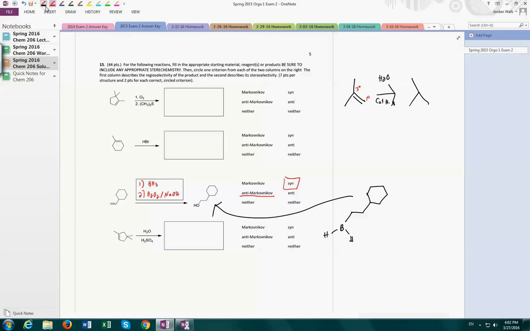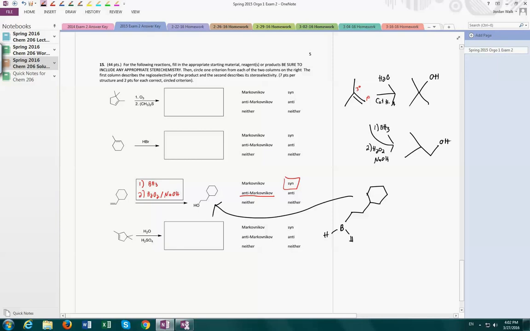So in a Markovnikov addition, we've added our alcohol to that tertiary carbocation, right? And if we went anti-Markovnikov, and we only know one way to do that, which is the hydroboration, BH3, H2O2, NaOH, you end up with the hydroxyl group on the less substituted carbon, and so we end up with that product for the hydroboration.